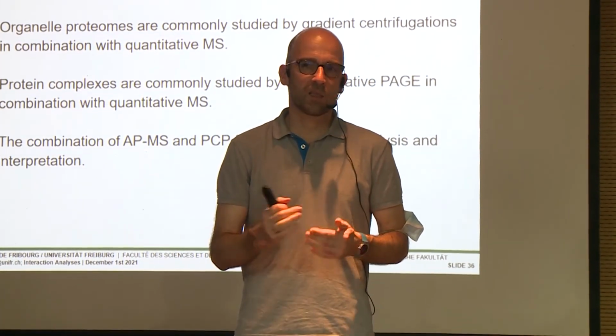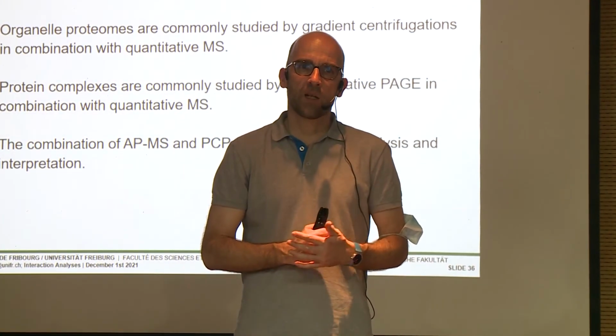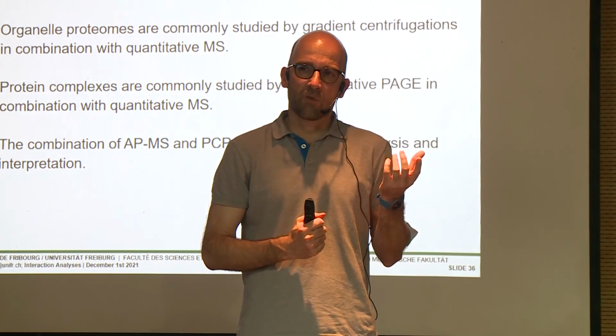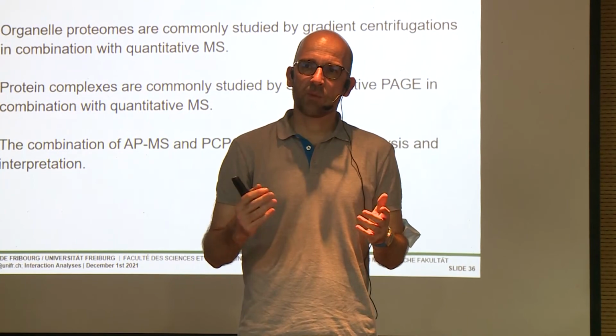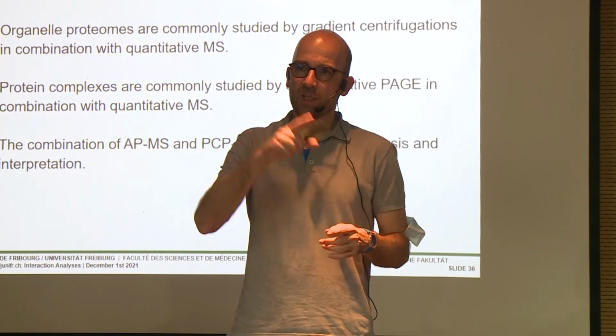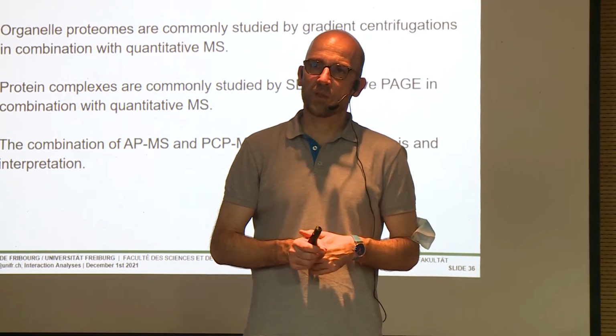We never tested differential mixing to see if we see any dynamics. Again, I think to really interpret the data, you have to couple it to an affinity purification and then know which proteins you are looking for. Otherwise, just based on the profile, it might be difficult to interpret the data.